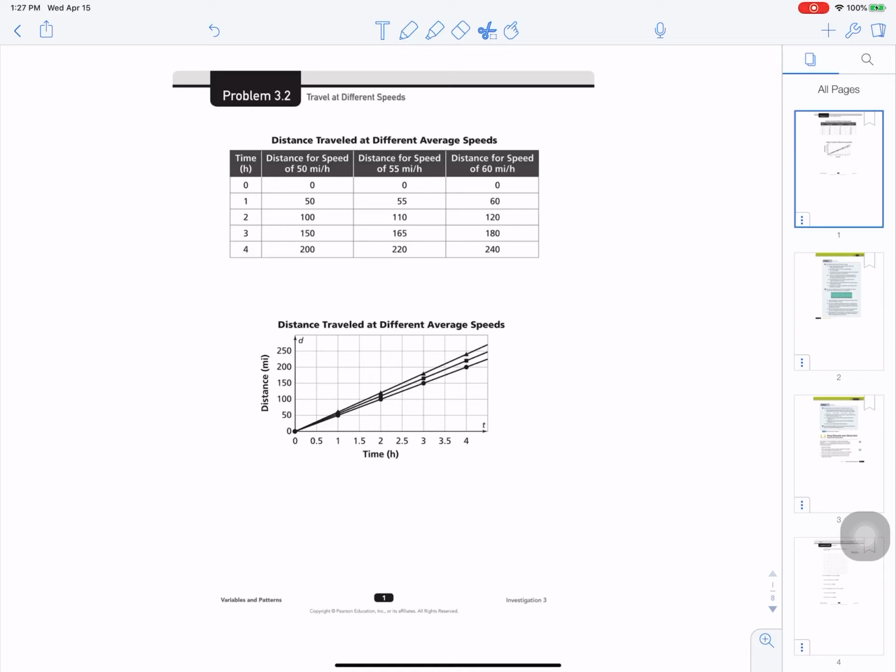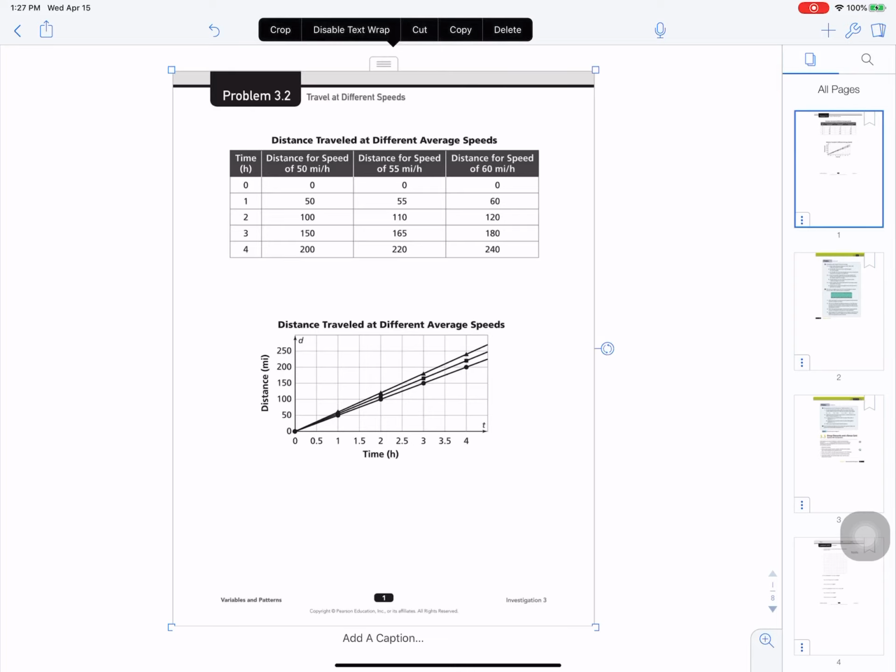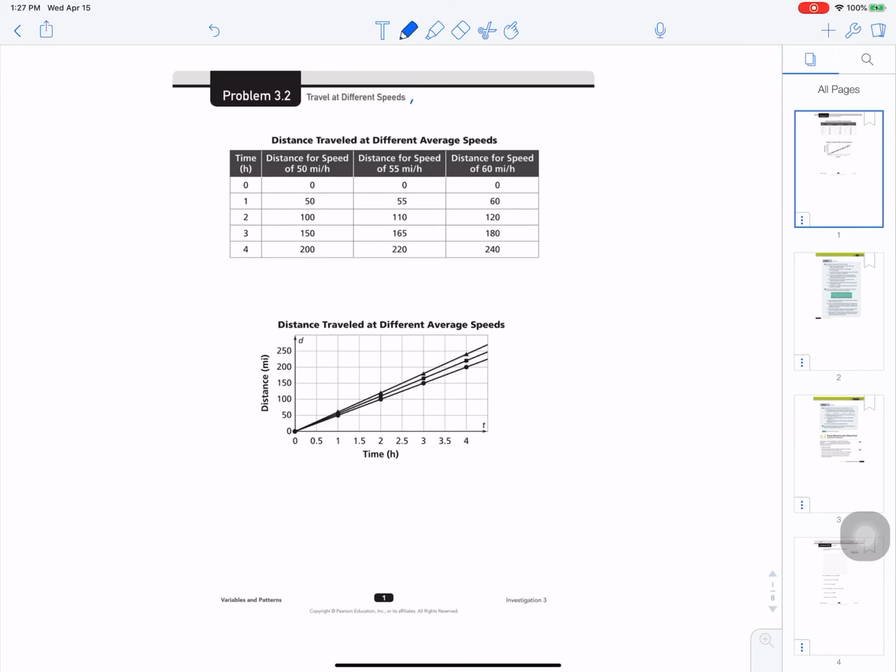First of all, 3.2a. I want to just talk about what you did for yesterday. And so your tables should have looked similar to this, and your graphs should have looked similar to this here.